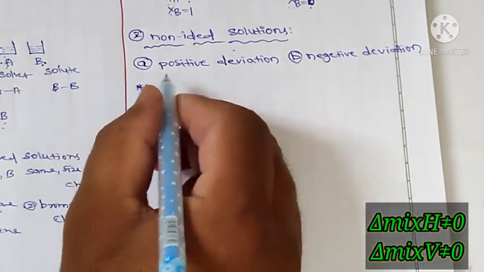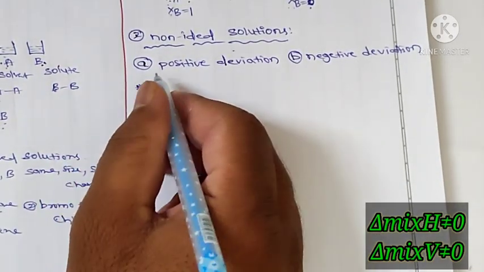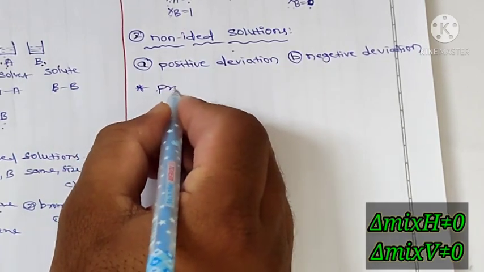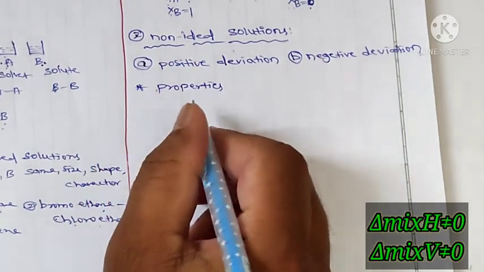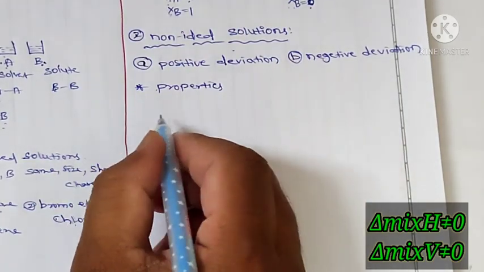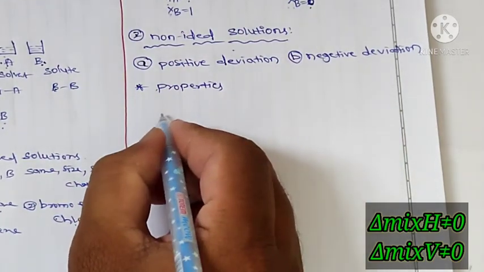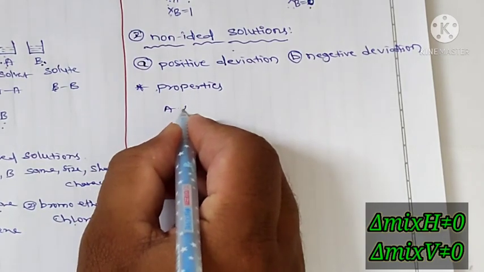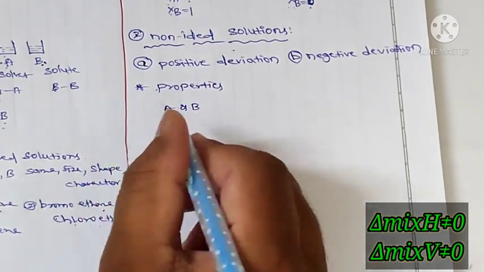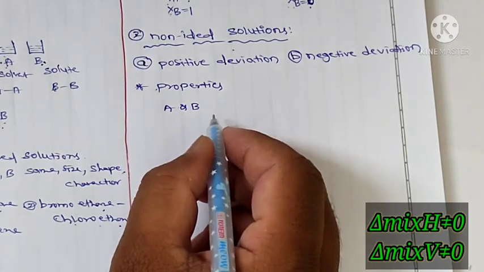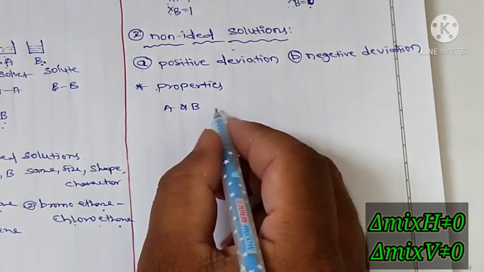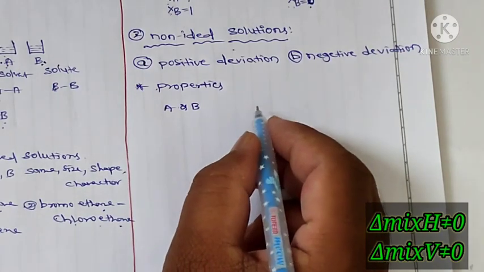And now the non-ideal solution properties. Taking two components, component A and component B, when these two components are mixed to form a solution, the change in enthalpy will not be zero.